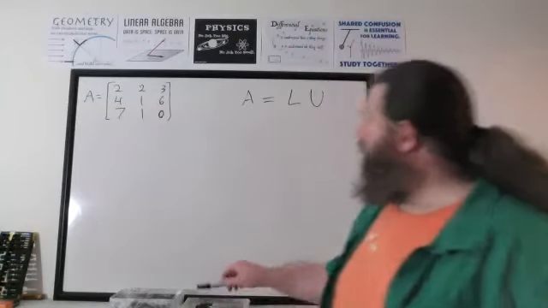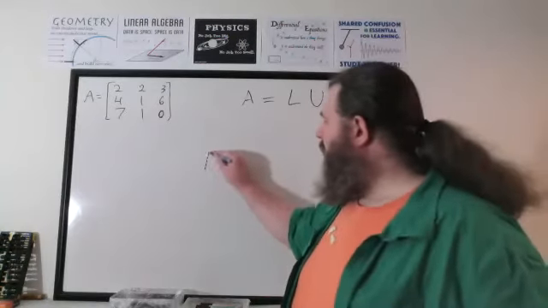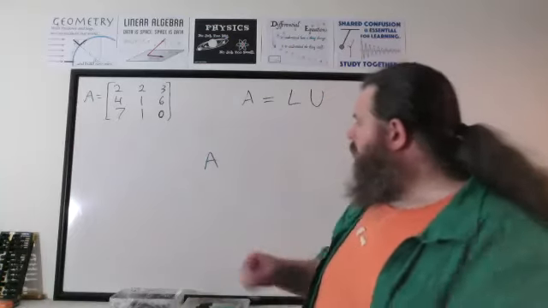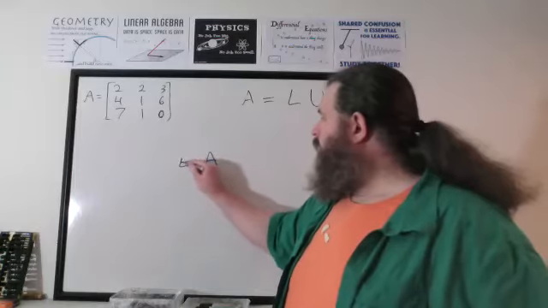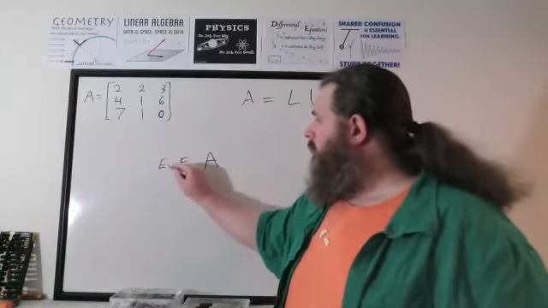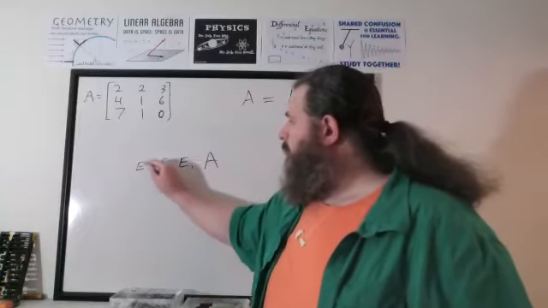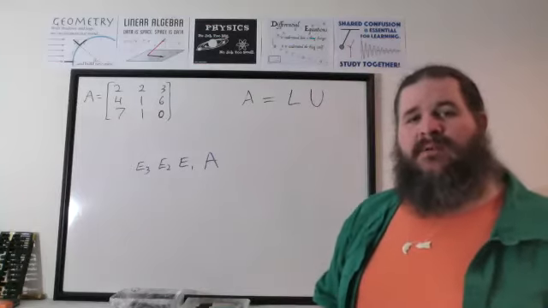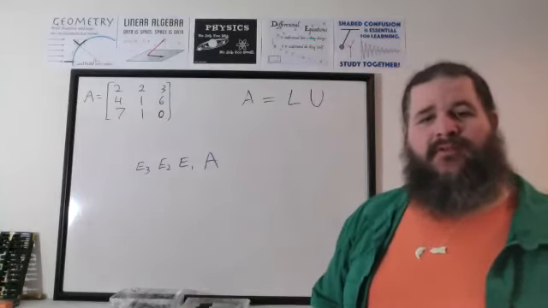So in terms of the notation we were using earlier, you've got matrix A. You're going to need to modify that by an elementary transform matrix, and then another one, and then a third one. Because each one of those row operations can be written as a separate elementary transform matrix.